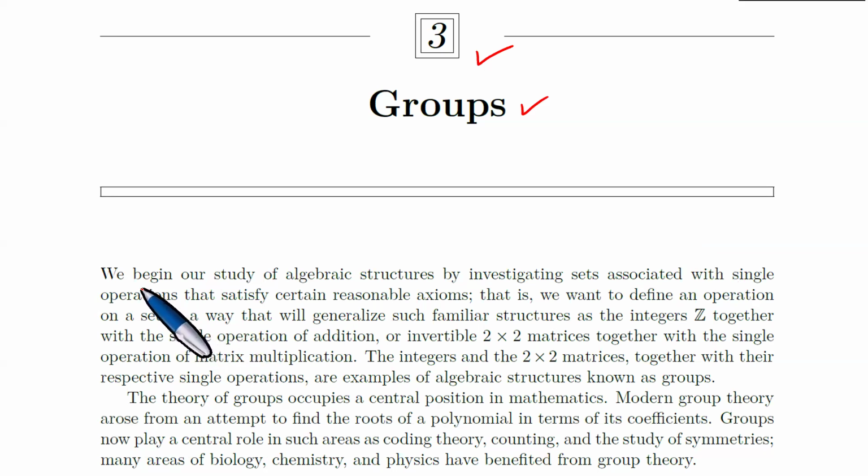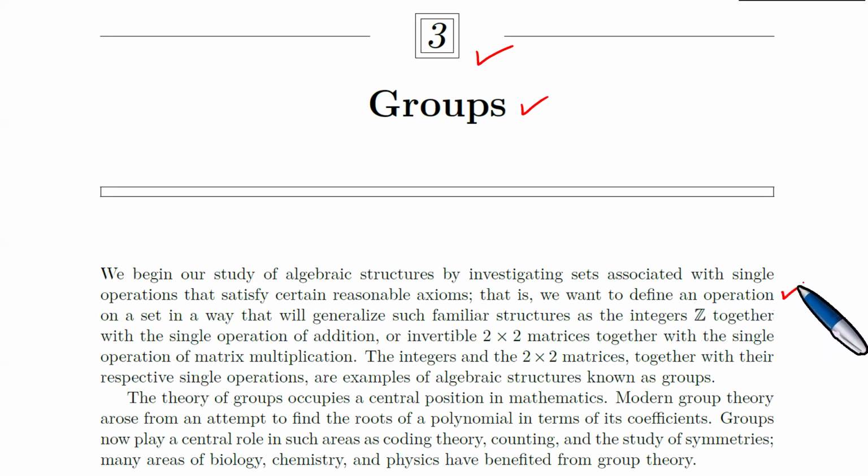We note that we begin our study of algebraic structures by investigating sets associated with single operations that satisfy certain reasonable axioms. That is, we want to define an operation on a set. This is very important.